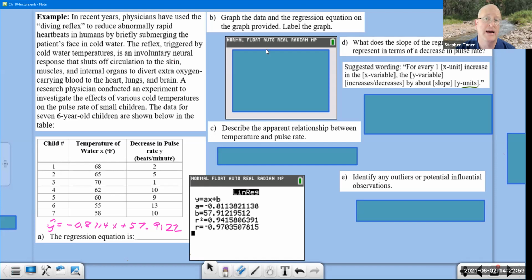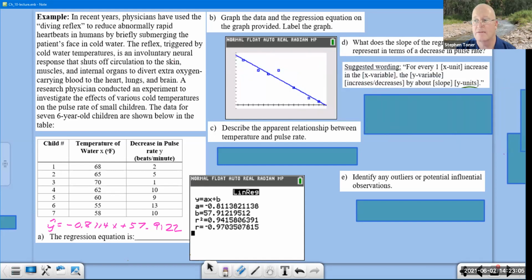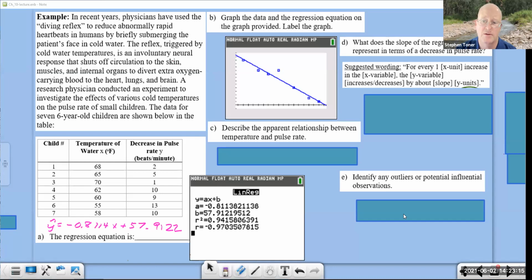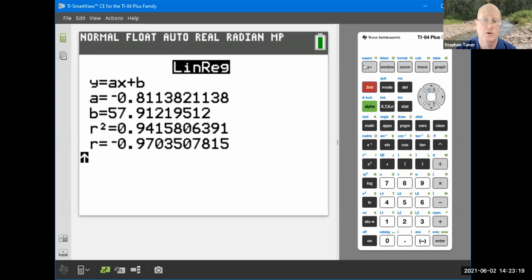Now, part B asks us to graph the data and the regression equation on the same graph. Okay, well, I've already got that done digitally. Let's go review how we do this on our calculator. So going to our calculator, we already have just found these key values. We're going to hit second stat plot.